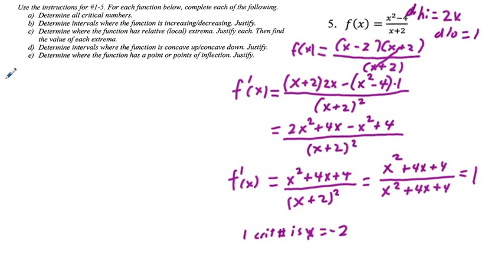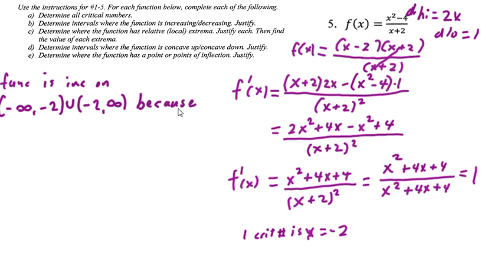Well, the function is increasing on negative infinity up to our critical number -2, union -2 to infinity, because f prime of x is greater than 0.